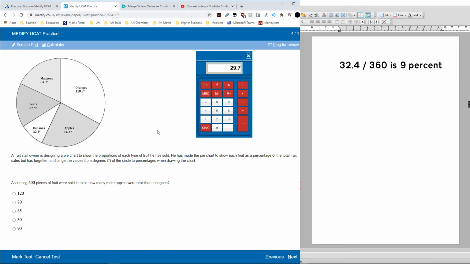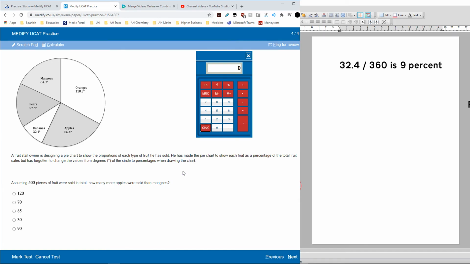Okay, assuming 500 pieces of fruit were sold in total, how many more apples were sold than mangoes? Alright, okay. So I'm going to work out the smaller one first, so that's mangoes, which is, actually no, I've got quite a cool way of doing this.